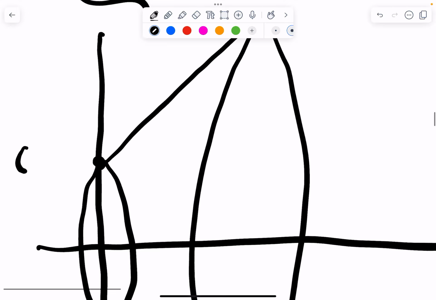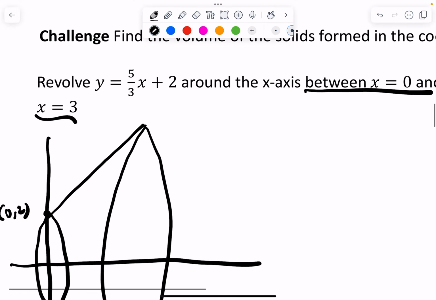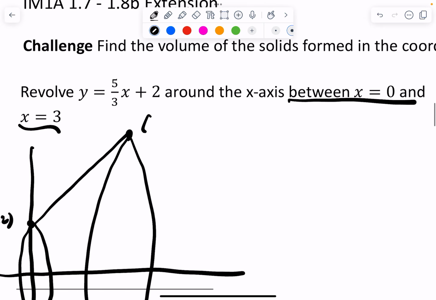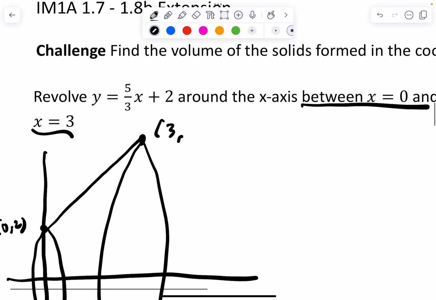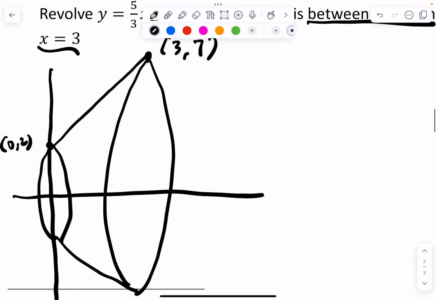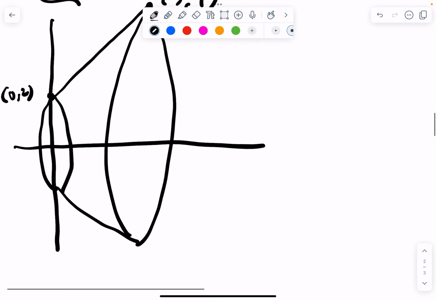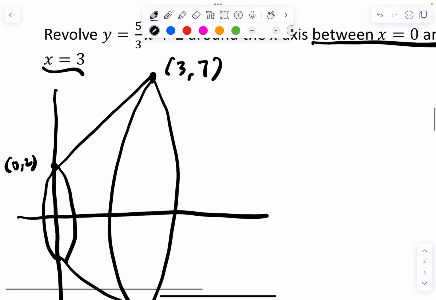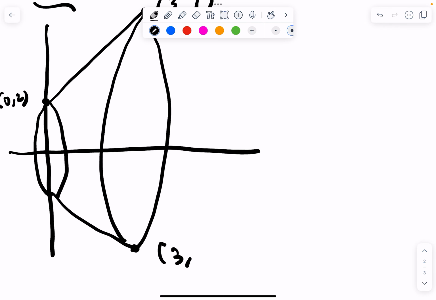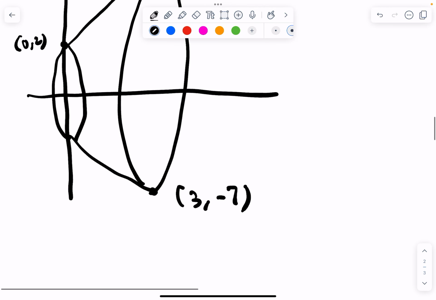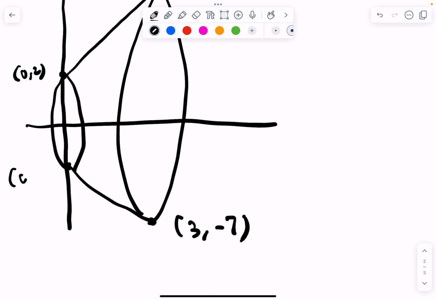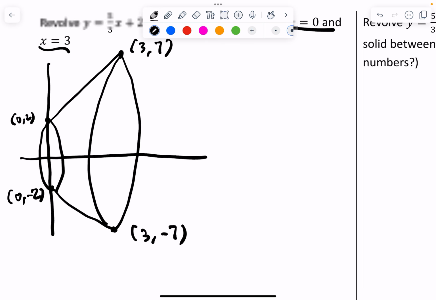So this point would be what? 0, 2. This point would be when x is equal to 3. So we would have the point 3, 7. And then over here, because it is reflected across the x-axis, negate the y and negate the y. Right?